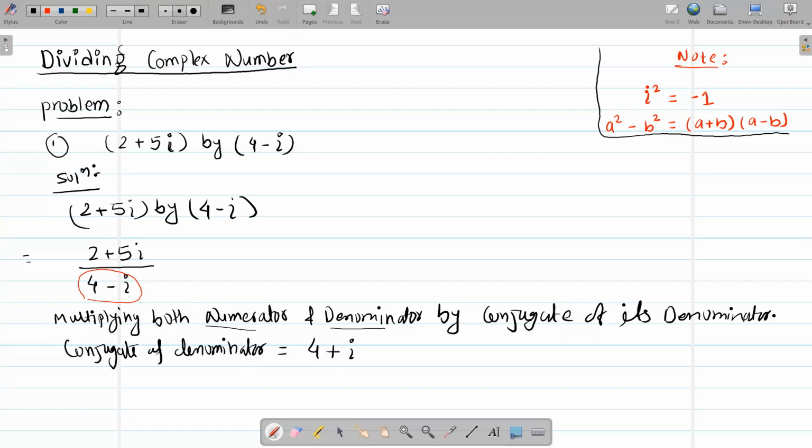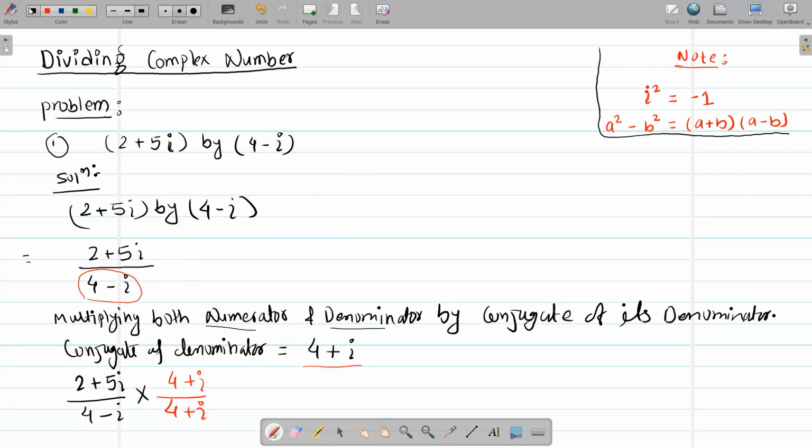So we can write here 2 plus 5i over 4 minus i multiplied by its conjugate, which is 4 plus i over 4 plus i.